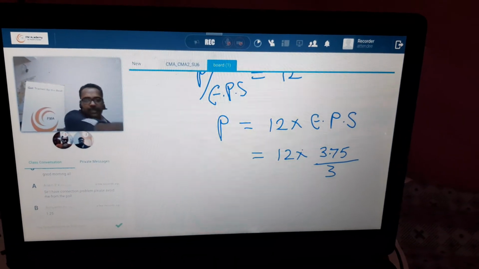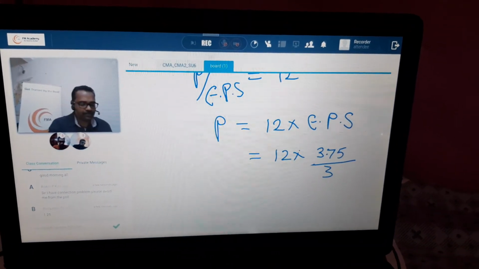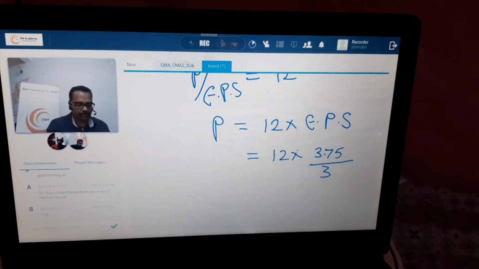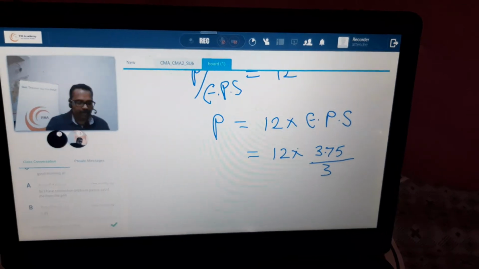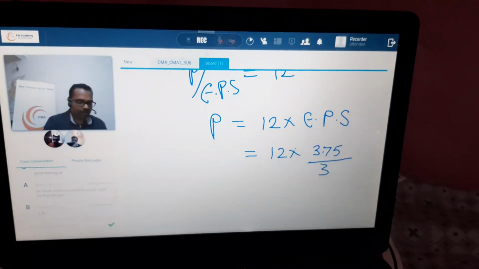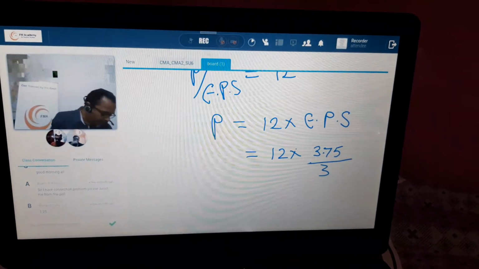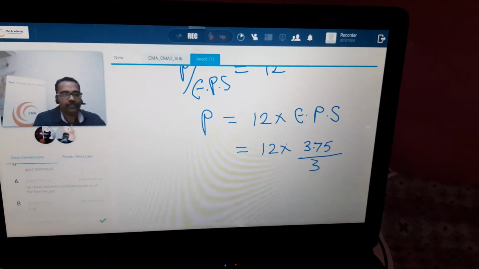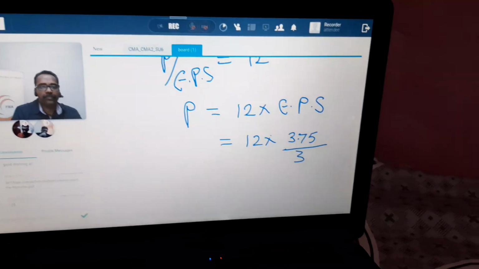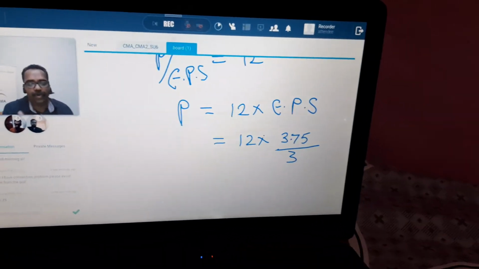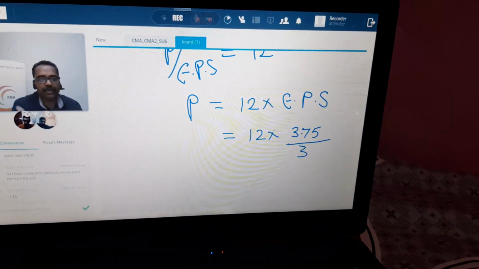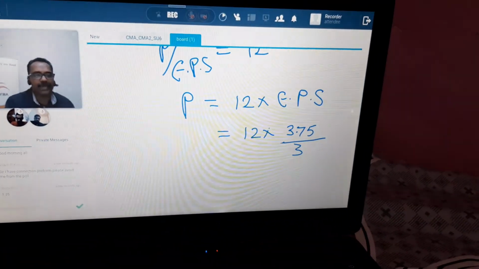Look at the answer. Is it correct? 3.75 million divided by 3 into 12 is giving me the answer 15, which is C. They have given the ratio, one component is given, the other component you can calculate. They may ask you what the market price is, what the EPS is.